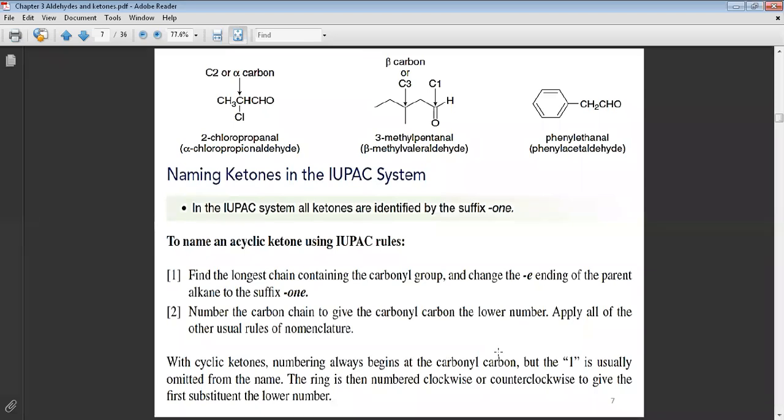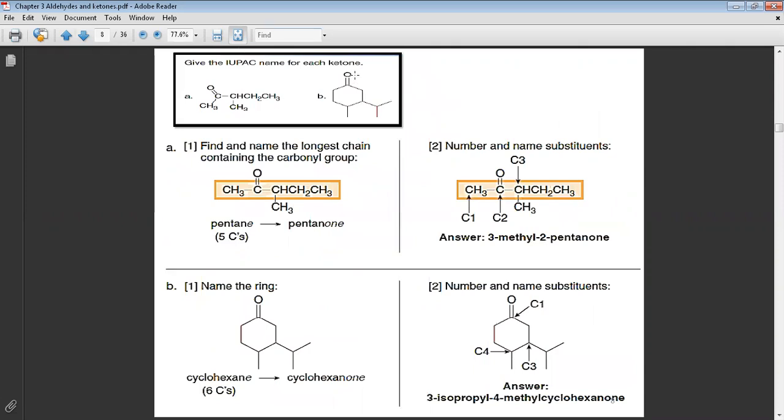The ring is then numbered clockwise or anticlockwise to give the first substituent the lower number. We know this rule also. Look at this carbon of the carbonyl group, it takes number 1. Now, do we say 1, 2, 3, 4 or 1, 2, 3?